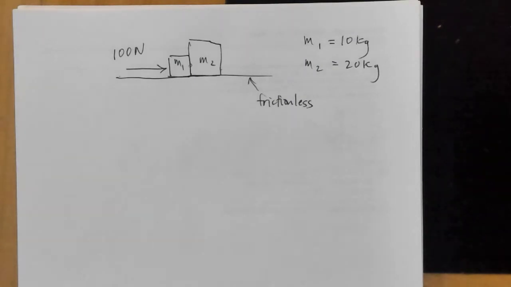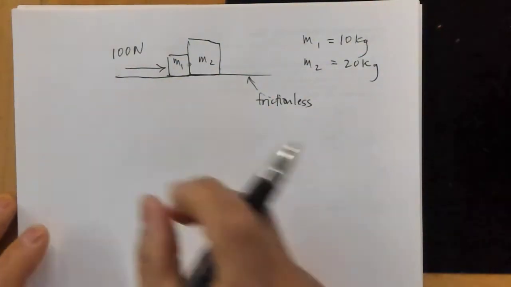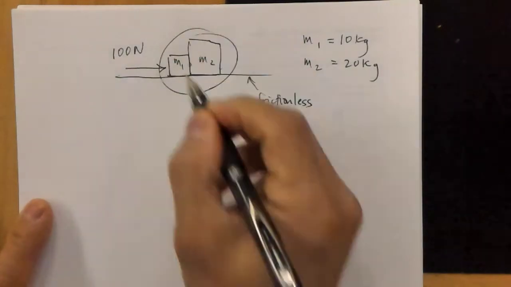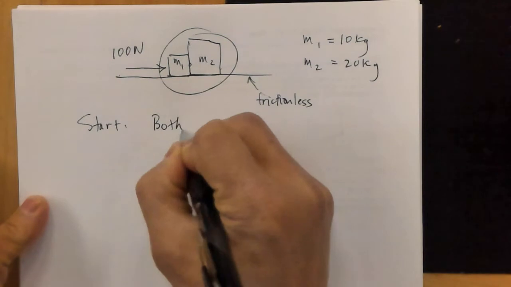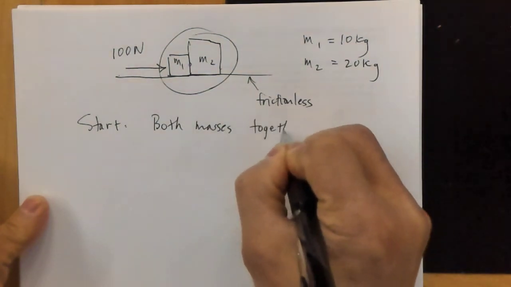So the general strategy, when we do these types of problems and things are stuck together, we could have a problem like this, or we could have a problem where there are two masses that are pulled by a string that connects them. The first thing you do is you put the masses together as a unit. You start with both masses together. This is, in general, the best place to start.